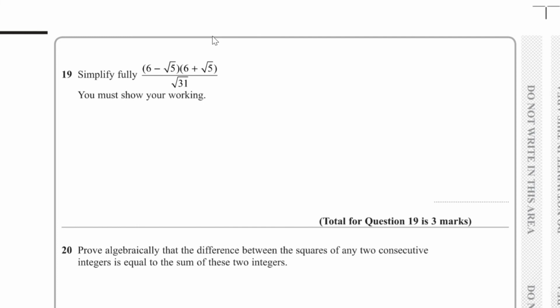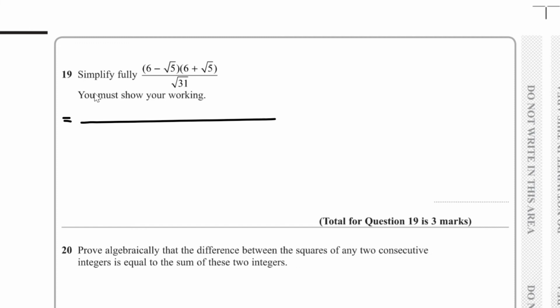Question number 19, we have to simplify fully 6 minus root 5 lots of 6 plus root 5 over root 31. So if we work this out, you can see on the top we've got a difference of 2 squares, but we'll show the working out fully.